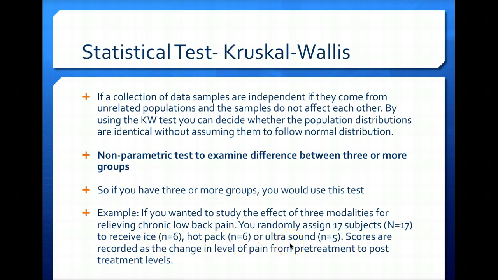Okay, the scores are then recorded as the change in level of pain from pre-treatment to post-treatment levels. And that's when you would use this test. Now, again, the thing to note about this particular statistical test is that it's a non-parametric test to examine differences between three or more groups.